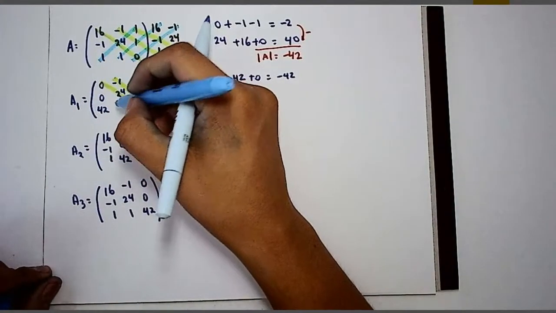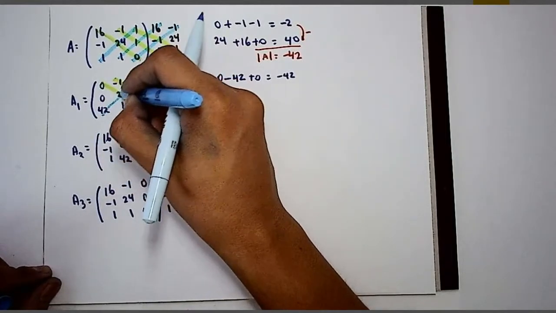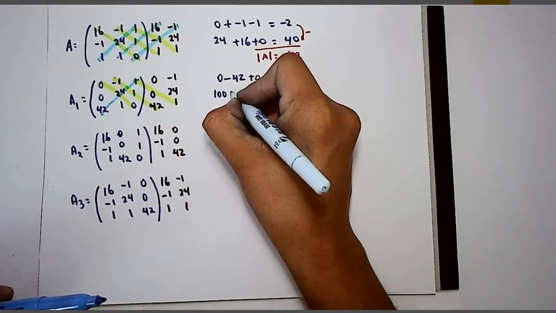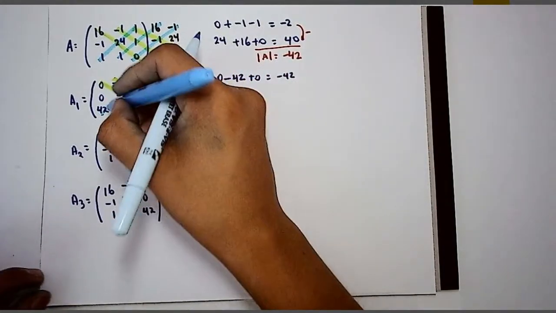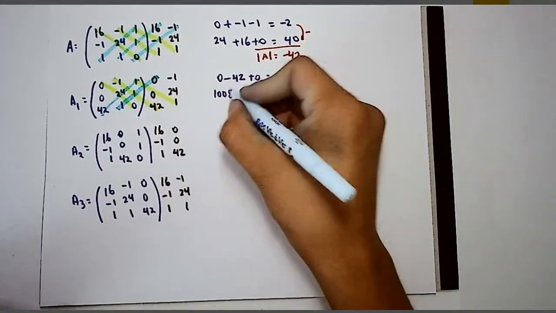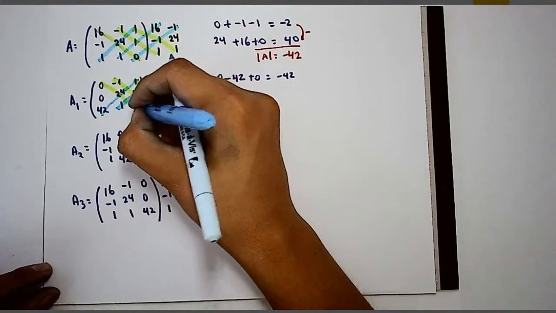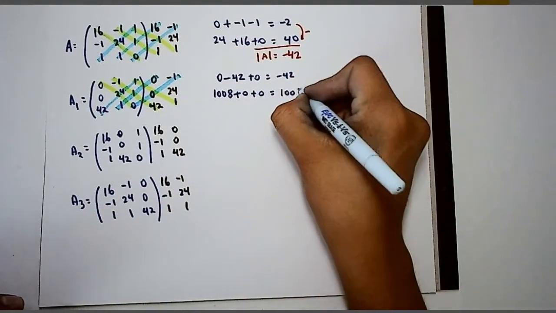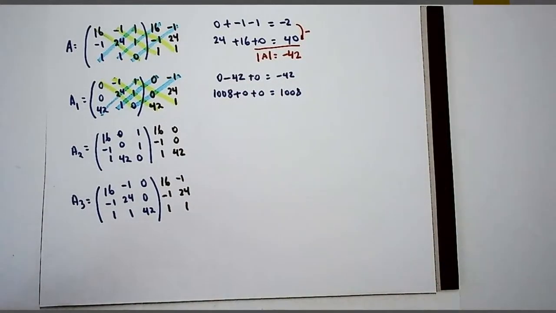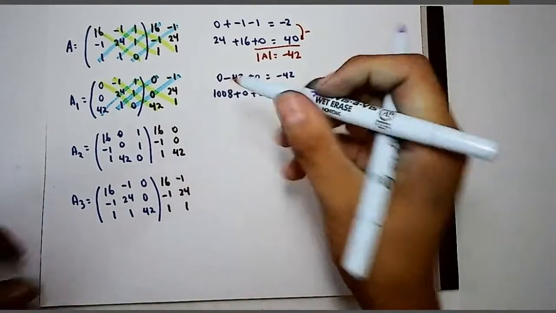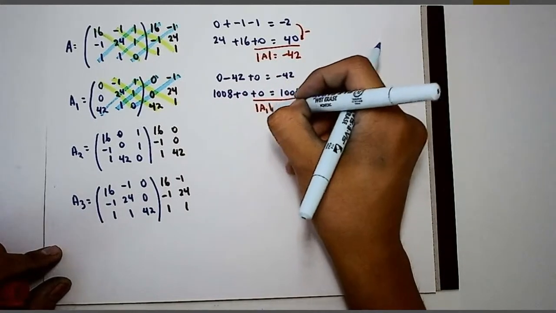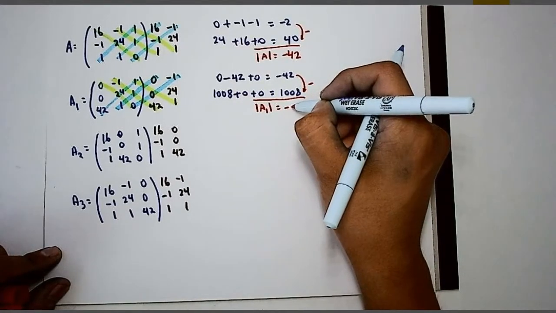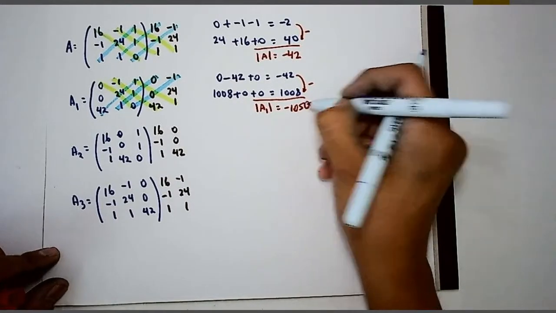Now, 42 times 24 times 1 is 1008. 1 times 1 times 0 is 0, and this is also 0. So the determinant of A sub 1 is equal to minus 1050.